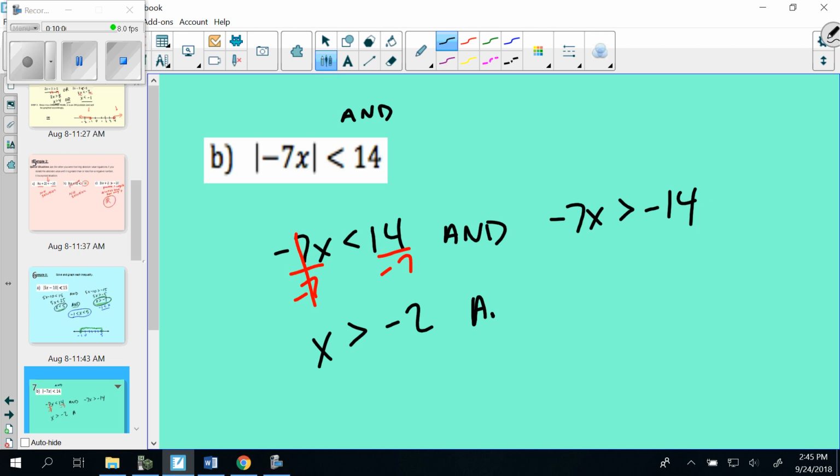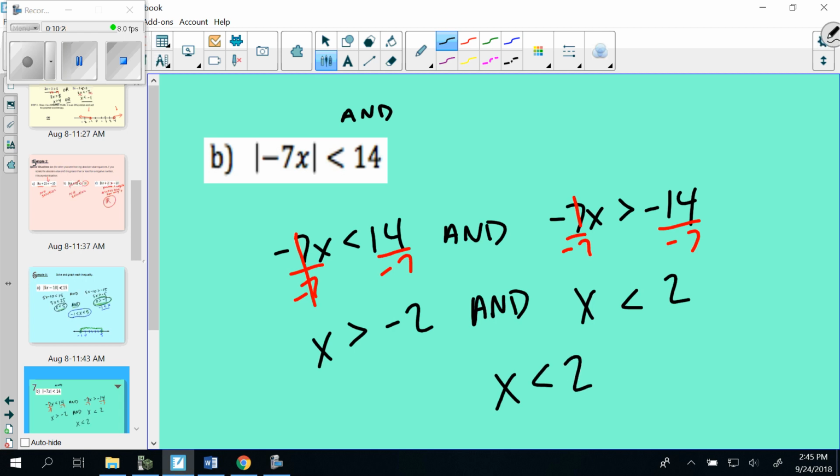So greater than negative 2, and if we do the same thing over here, divide by the negative 7, we get x. Negative divided by negative is going to be positive 2. Divided by a negative again, got to switch the sign. So this one's saying less than 2, greater than negative 2. You can write that as a compound inequality.